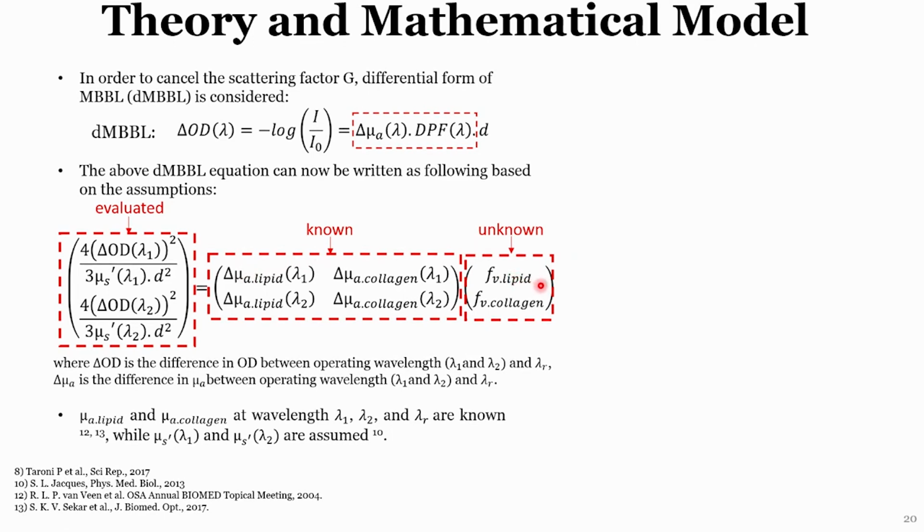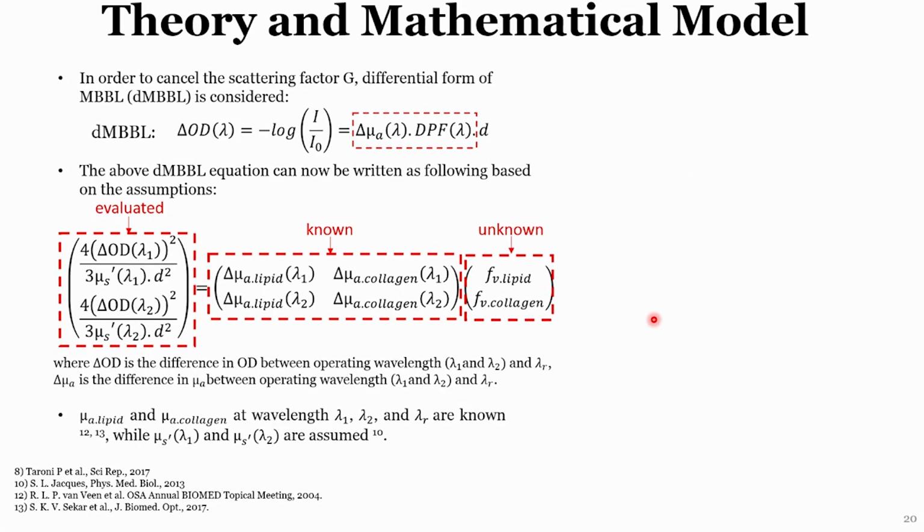We come up with these values of volume fraction, and from this we can quantify whether it is diseased tissue or normal tissue. For example, in the case of cancer or tumor, there is more collagen compared to normal. In normal tissue, there is more lipid content compared to cancer. So once we quantify the volume fraction, we can tell whether the tissue is normal or cancer.